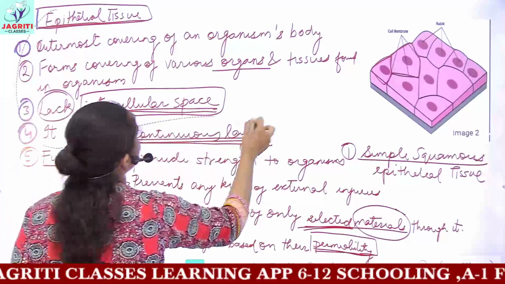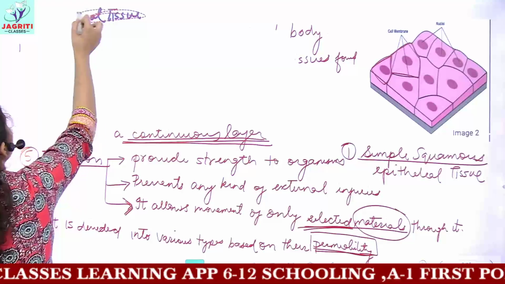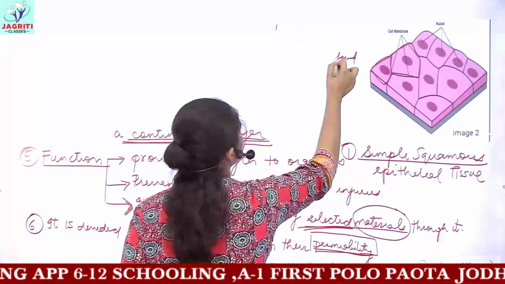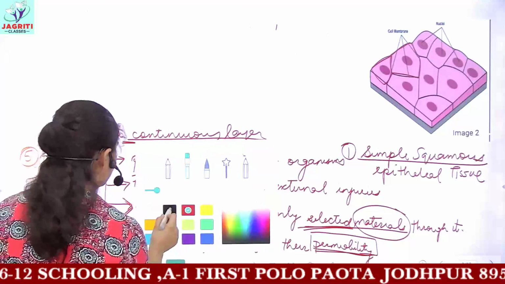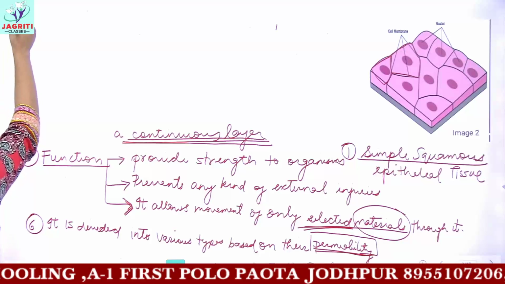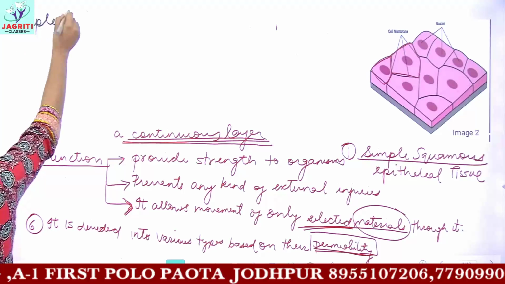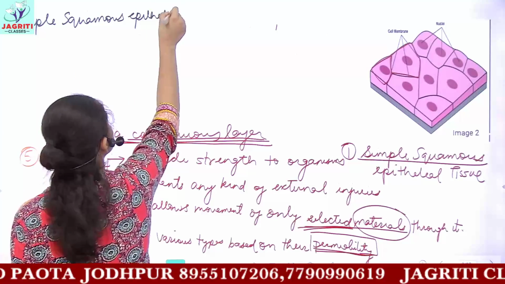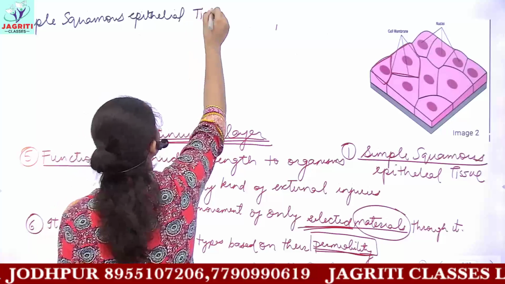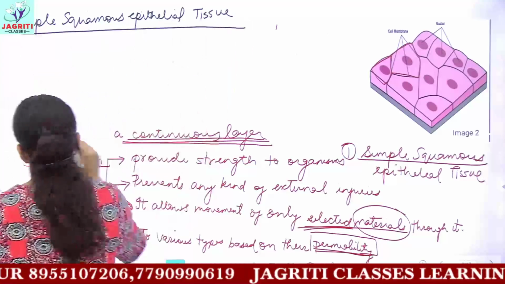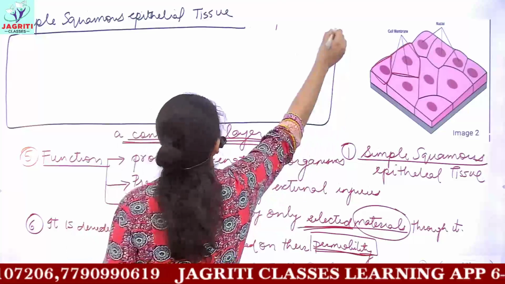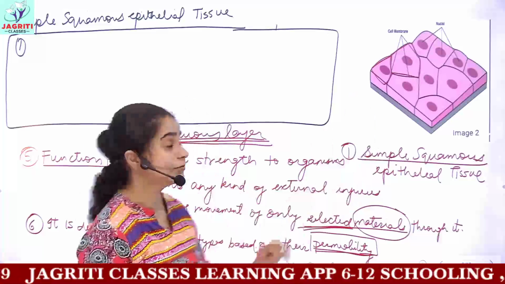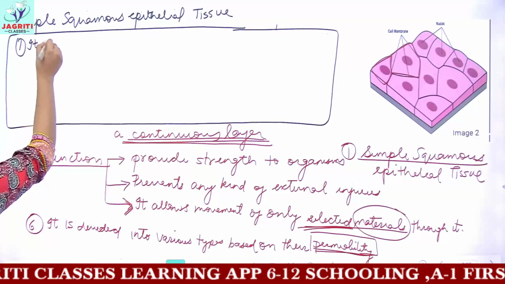Now let's see what you have in this simple squamous epithelial tissue. Talking about the first category of epithelial, that is simple squamous epithelial tissue, the first point would be, it is a very fine or thin tissue.